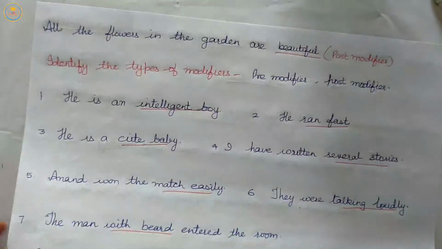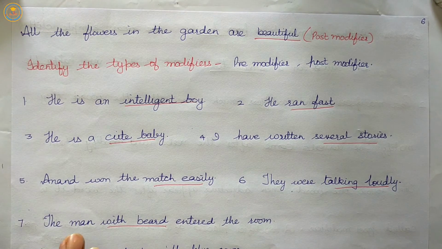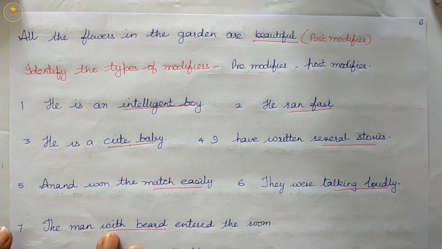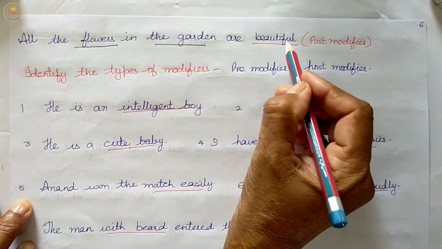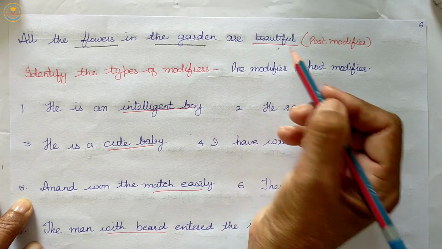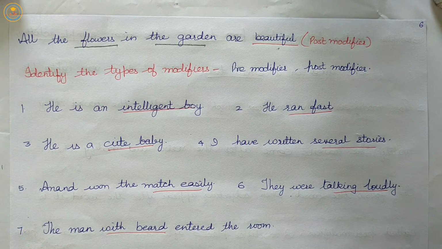Let us see. Example, all the flowers in the garden are beautiful. Means the flowers in the garden are beautiful. So here we have discussed our topic modifier with its definition, types and examples. And let us move to one exercise.